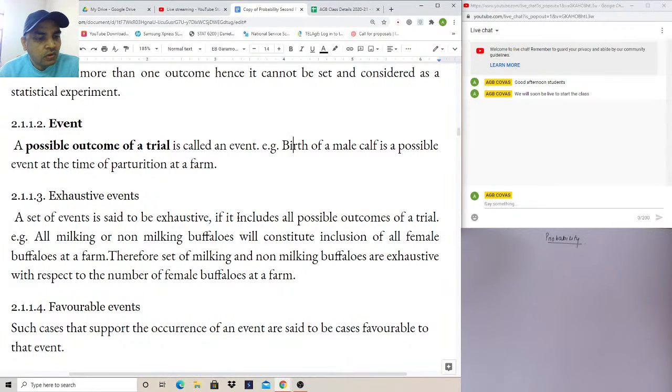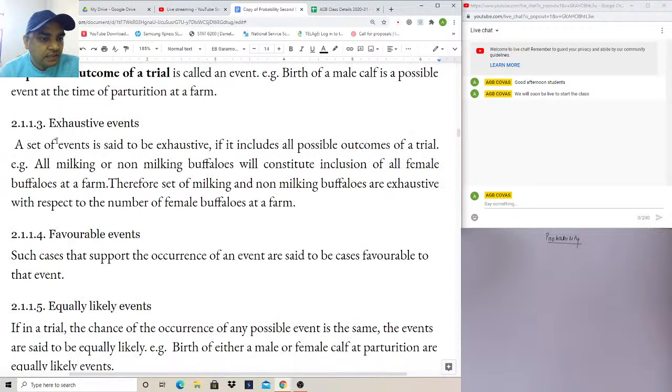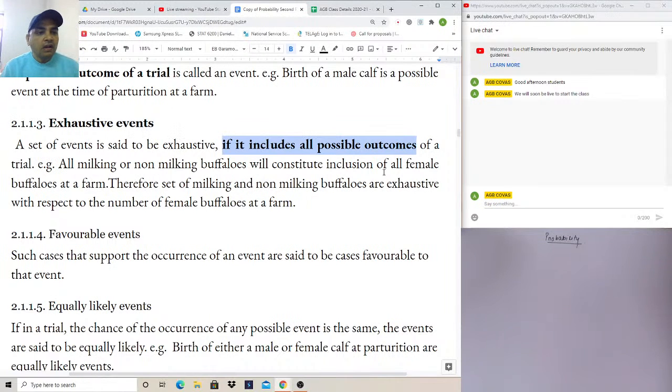Now, exhaustive events. What are exhaustive events? A set of events is said to be exhaustive if it includes all possible outcomes of a trial. For example, all milking and non-milking buffaloes constitute all female buffaloes at a farm.